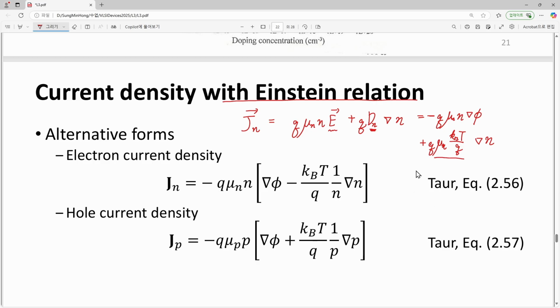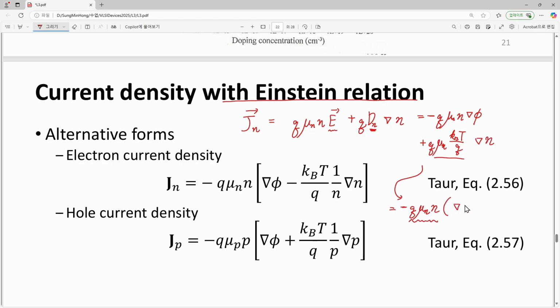By combining them all, we can identify the common factor q mu_n n. This is corresponding to the contribution to the electric conductance.